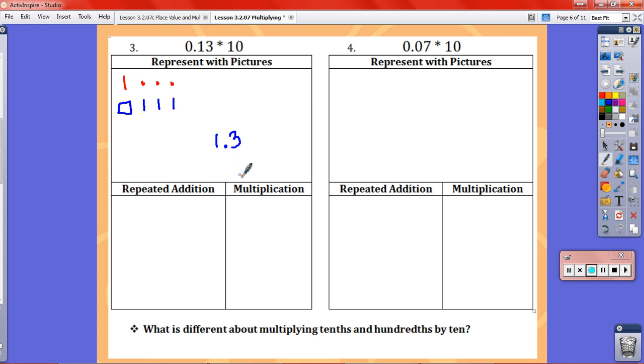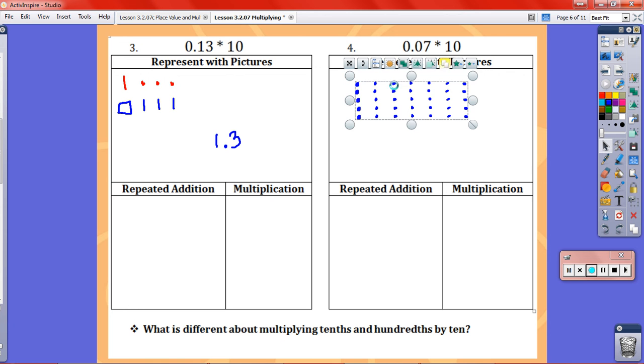Okay. Now just to make sure that that works, let's go ahead and do it as the full drawn out picture with the 7/100ths. So that's 1, 2, 3, 4, 5, 6, 7/100ths. But I need 10 groups of that, so that's 2 groups, 3 groups, 4 groups, 5. Once I have 5, I can just duplicate to make 10.